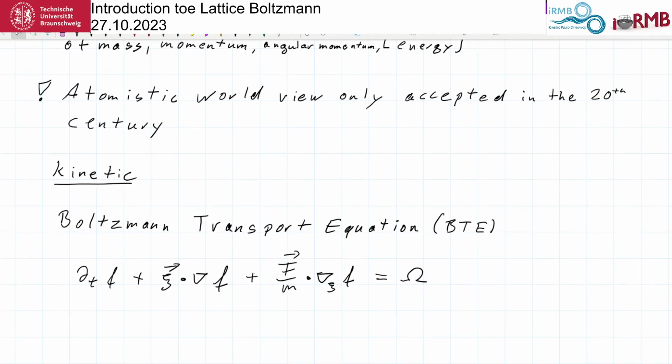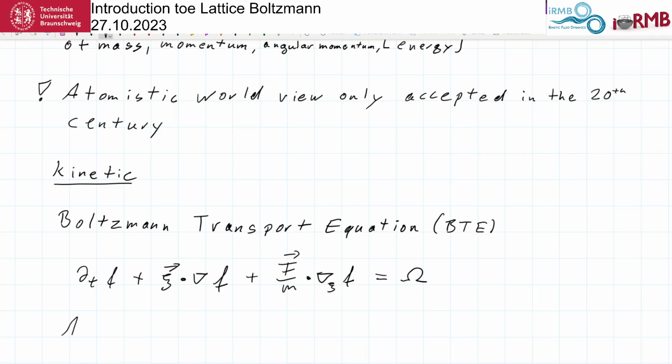Now, what is the bottom line about this? In comparison to the atomistic view, the difference between the atomistic view and this kinetic view is that even though we accept that there are atoms, we do not look at the individual atoms.